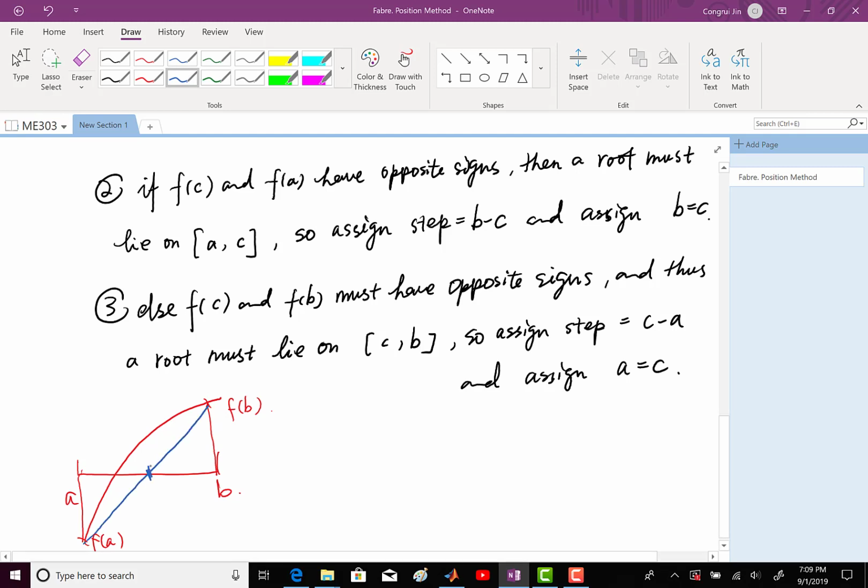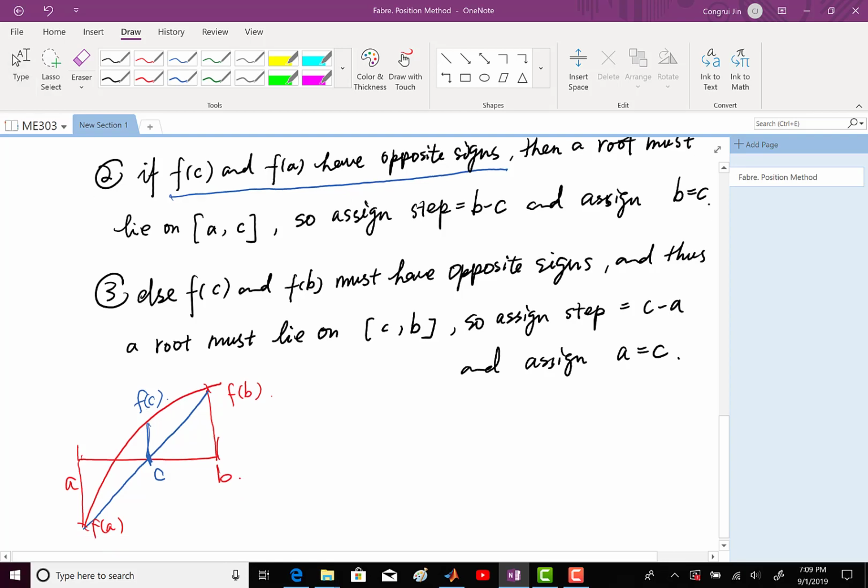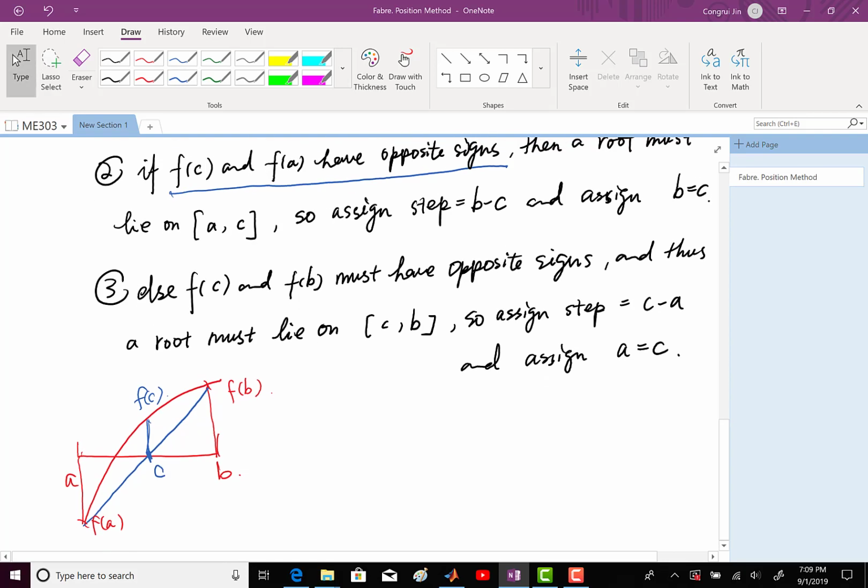And then the intersection point with the x-axis is called C. So we compare the value of FC with FA and FB. You can see both FC and FB in this case are positive, but FA is negative, right? So FC and FA have opposite signs, right? Then the root must be in the interval from A to C.